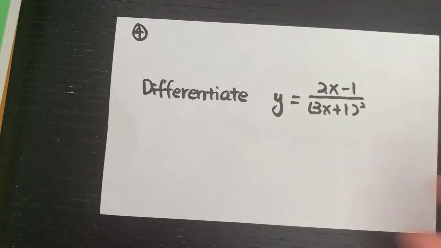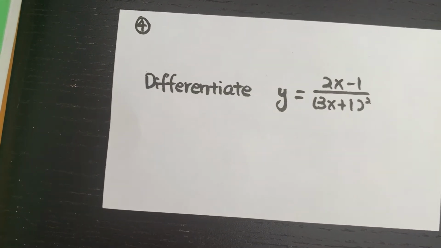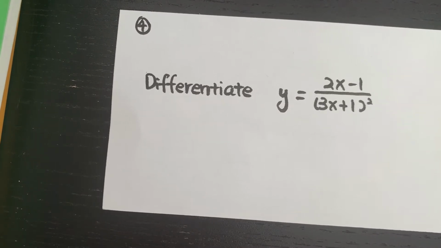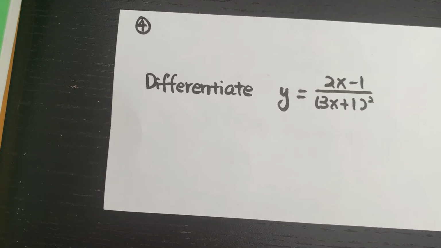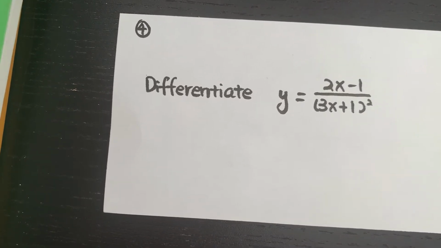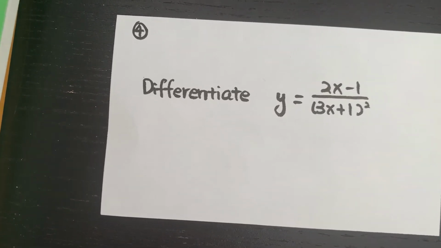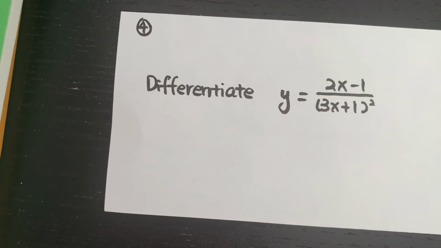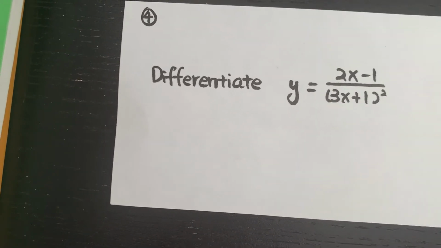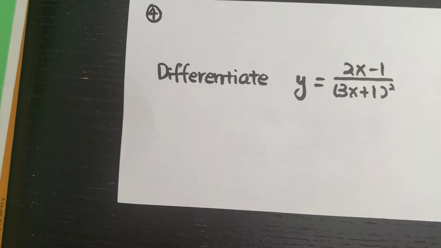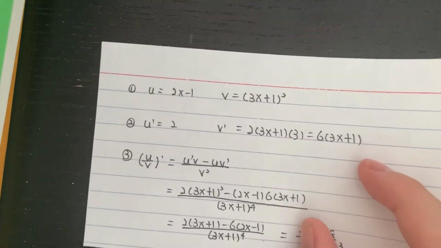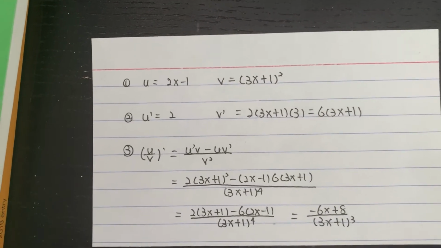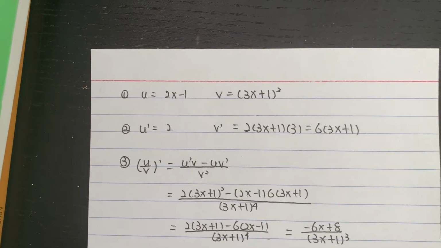And let's see our last question. Differentiate y equals 2x minus 1 divided by (3x plus 1) squared. Again, we have the integration of chain rule and quotient rule in this case, but it's still doable, right? So pause the video and try to figure it out. So same steps, same procedure.